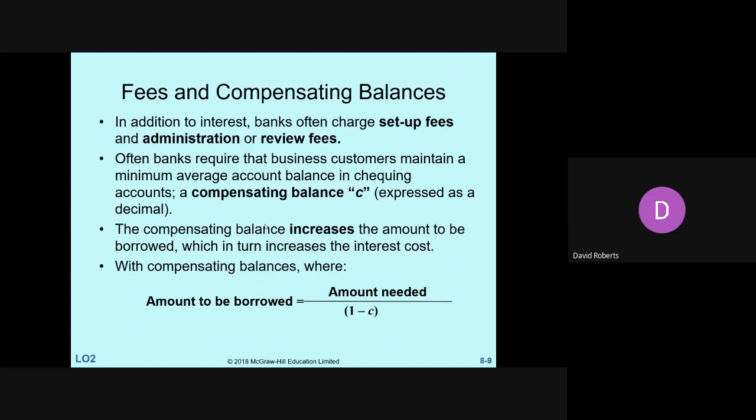Banks like it, but customers don't. So in your checking account, if you keep a certain amount of money in your account and you don't pay service charges, that would be a compensating balance because you're not getting interest on that money, yet you are gaining the fact that they don't charge you your service charges. So you might actually have that depending on your type of account that you have.